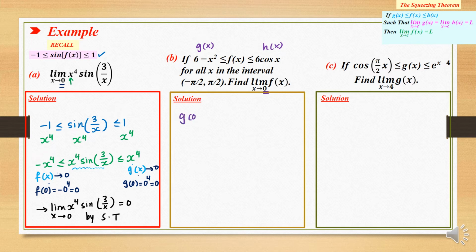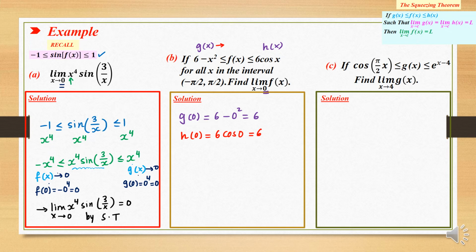So g of 0 equals 6 minus 0 squared, and this will give us 6, and by replacing 0 in the second function h, we have h of 0 equals 6 cosine 0, and cosine 0 equals 1 multiplied by 6 equal to 6.